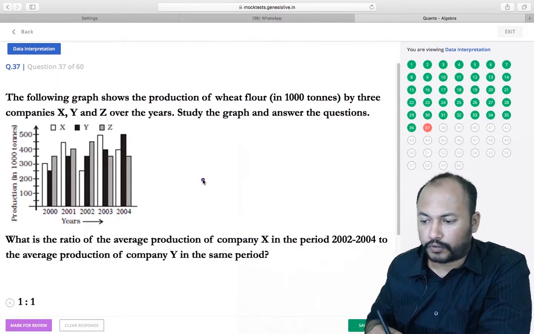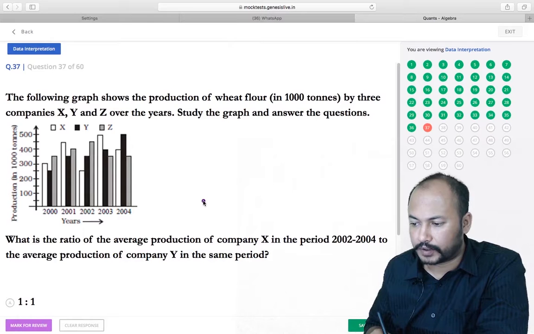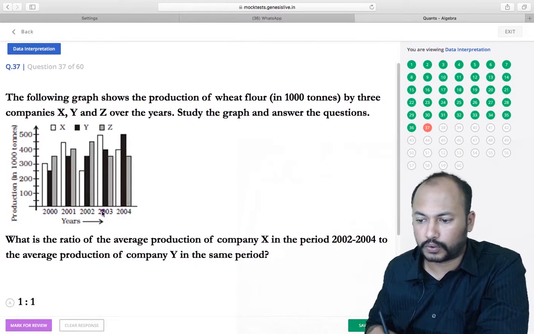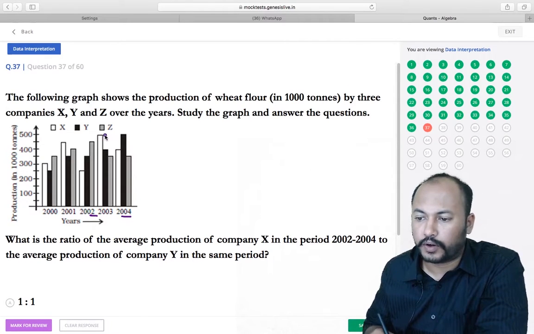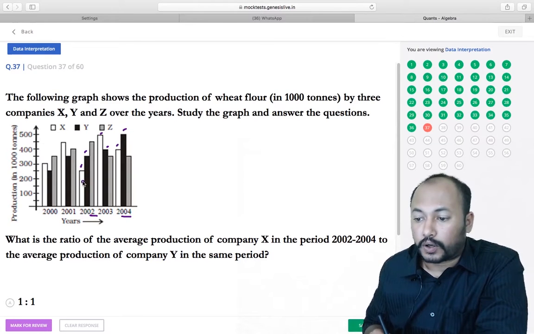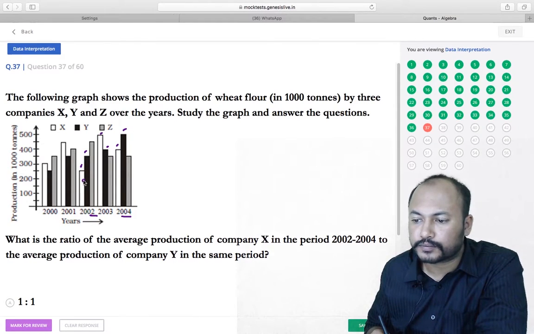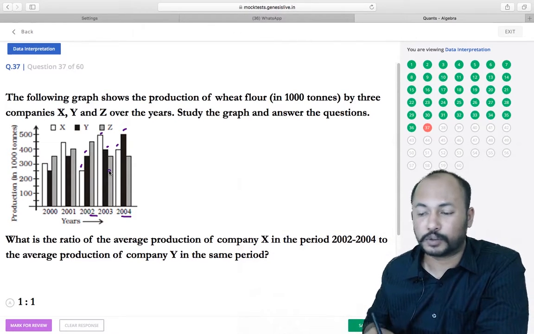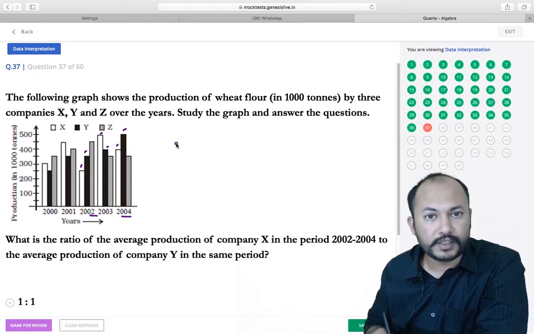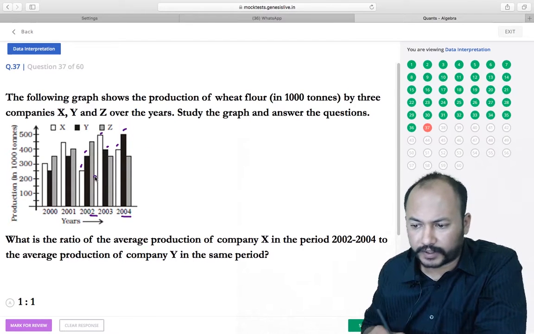What's the ratio of the average production of X in the period 2 to 4 to the average production of Y in the same period? Fine. X and Y, we're talking about this and this, similarly this and this and this and this. Ratio of the averages is going to be the ratio of the sums. So I'll just find the sum of these values.